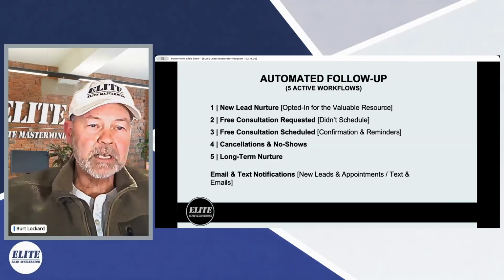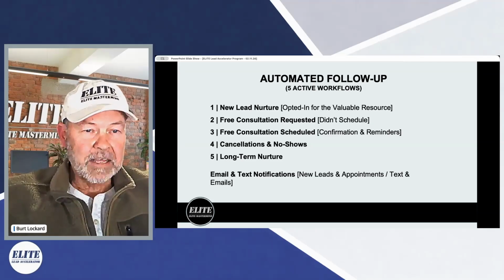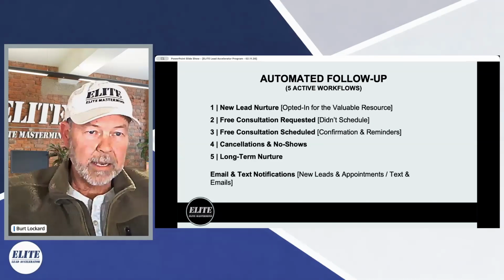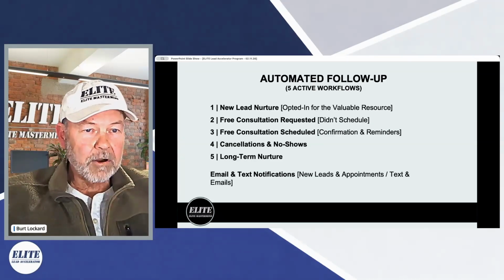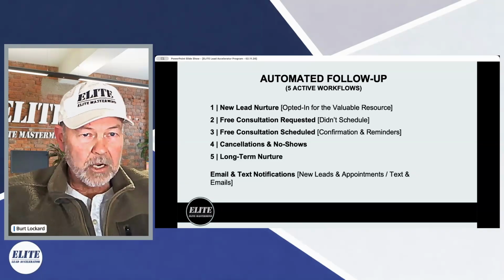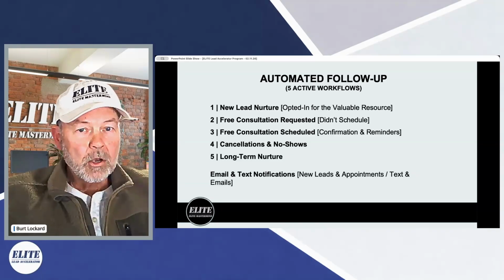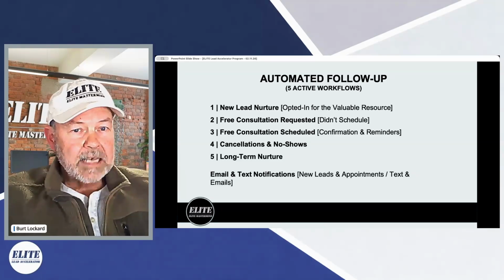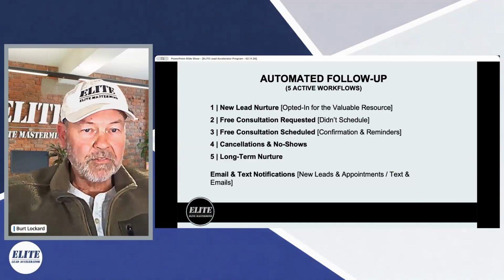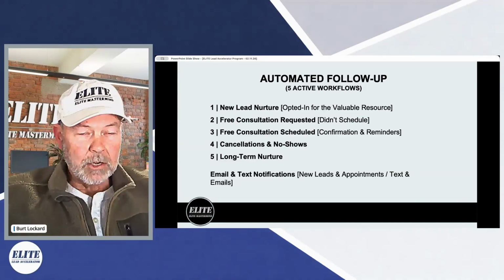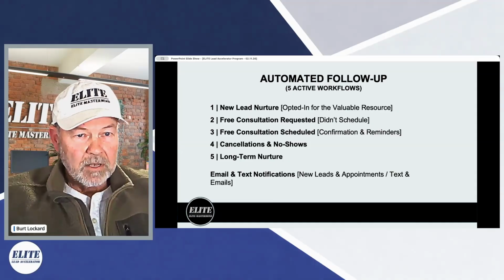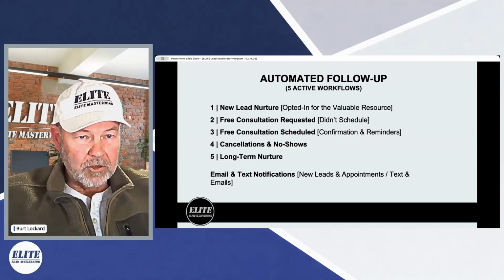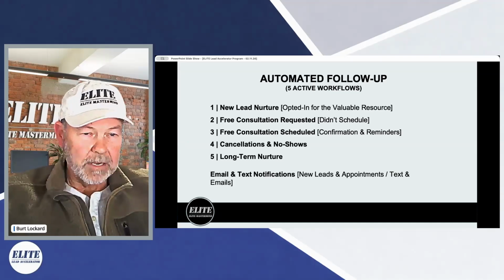The first thing is that they didn't book an appointment, they didn't go to the landing page, so they go into a lead nurture and they start getting emails, not selling them, but giving them the vital information they're looking for in order to make their decision. We'll look more at the new lead nurture sequence in a minute, because that's one of the most important.